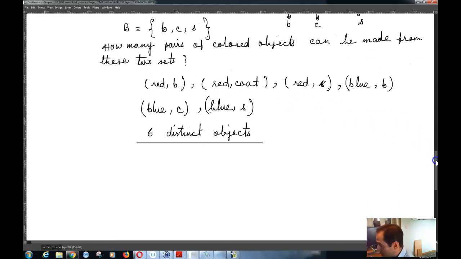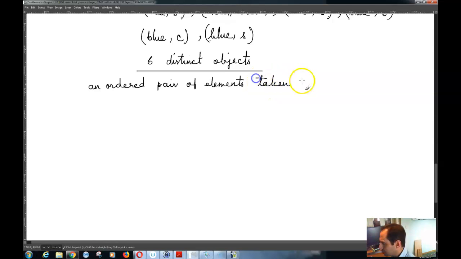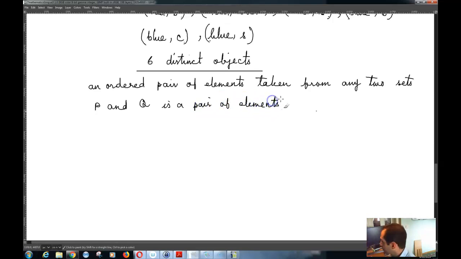So in the earlier classes, it seems that an ordered pair of elements, taken from any two sets P and Q, is a pair of elements written in small brackets and grouped together in a particular order.